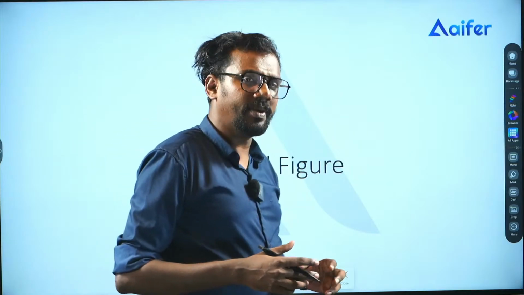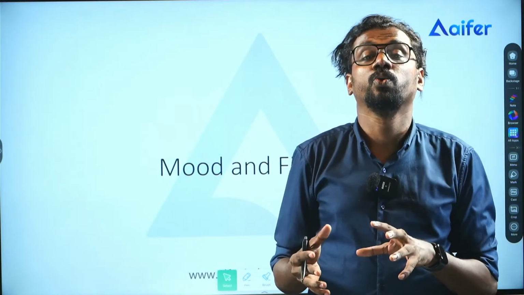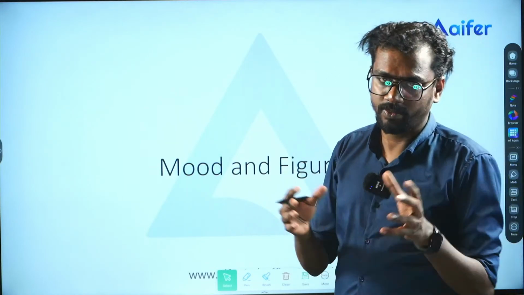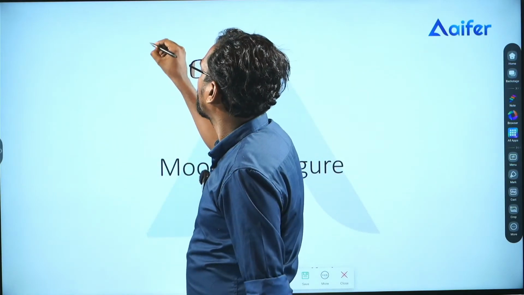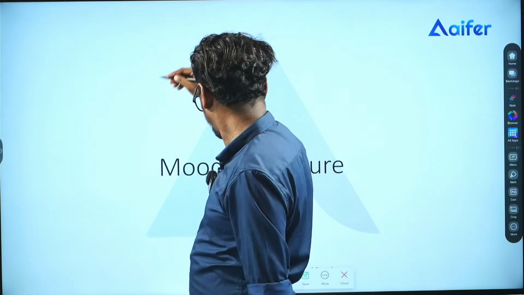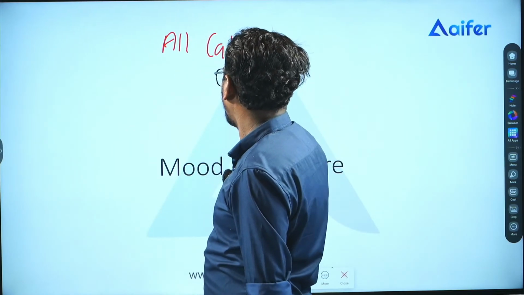Syllogism is all about having two statements, and you have to solve that particular statement and conclude the correct conclusion from the given statement. For example, it will be given like this: all cats are mammals.